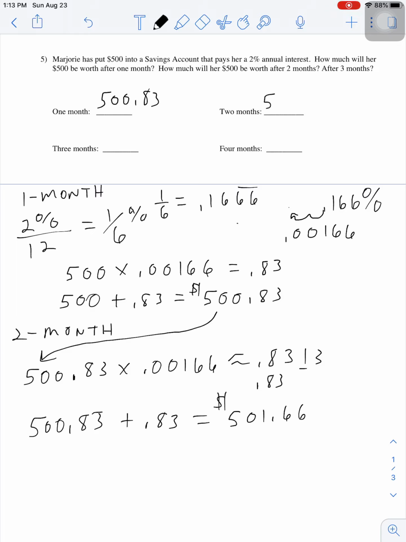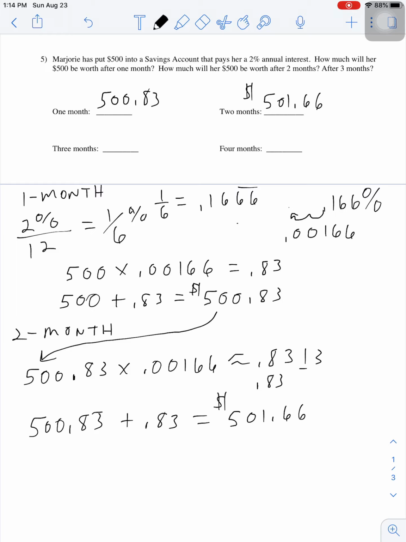So in 2 months, I get $501.66. Think of it this way: you start off with $500, and at 2% annual interest, after 2 months, you make an extra $1.66. And honestly speaking, in reality, that is the way that it works.